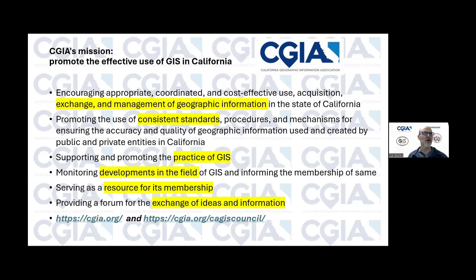We are promoting consistent standards and procedures for accuracy and quality of geographic data. We support and promote the practice of GIS, as well as monitoring developments in the field, providing resources for our membership, and promoting the exchange of ideas and information.